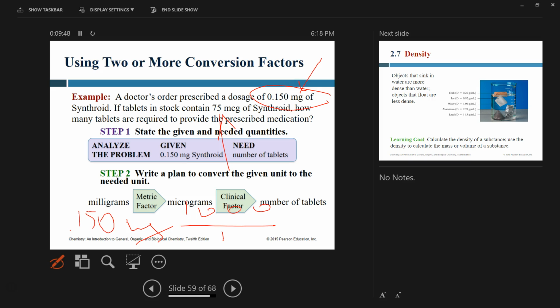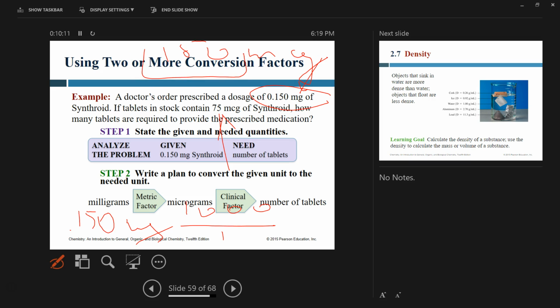So what's the dosage? Dosage is 150 micrograms. Sorry, it's terrible to write anything. Circling is fine, but writing is a pain. So the dosage that the patient is prescribed is 150.